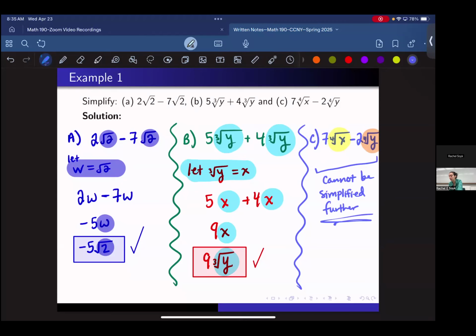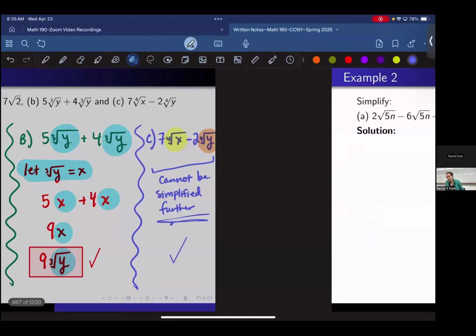Any questions at all on this slide? Right. So we will continue to trek along then. Let's look at another few examples together.